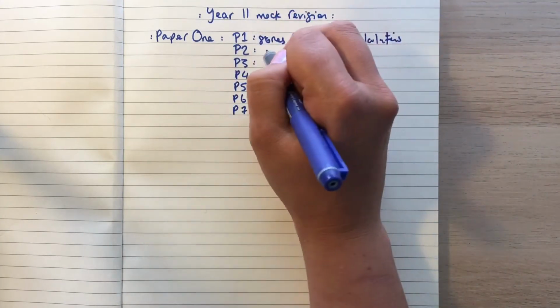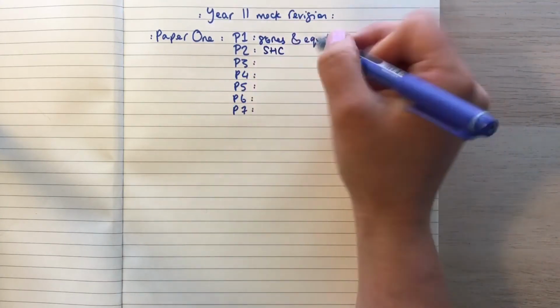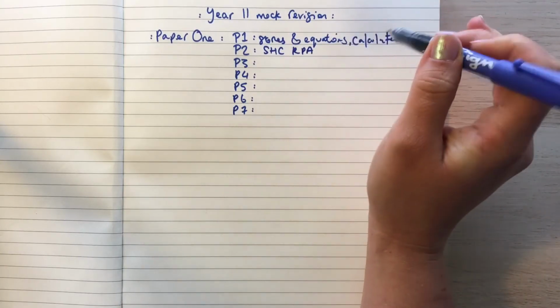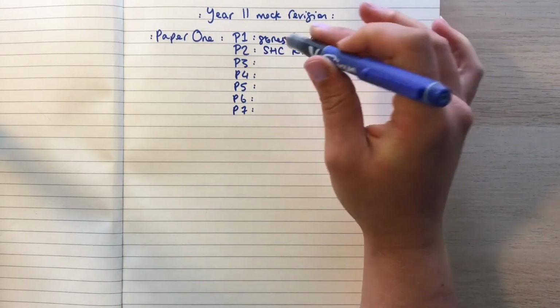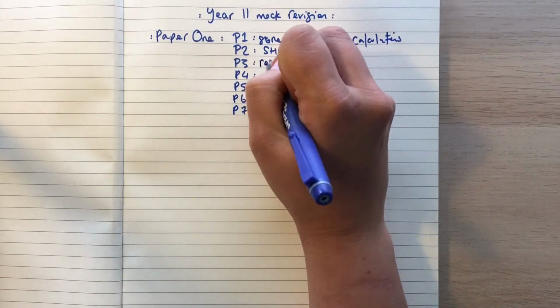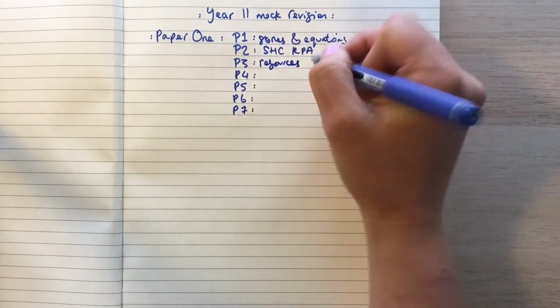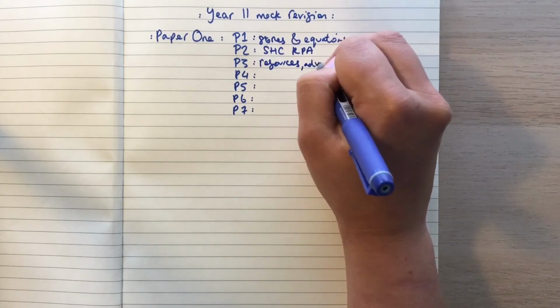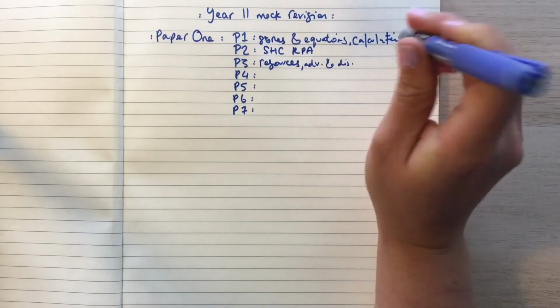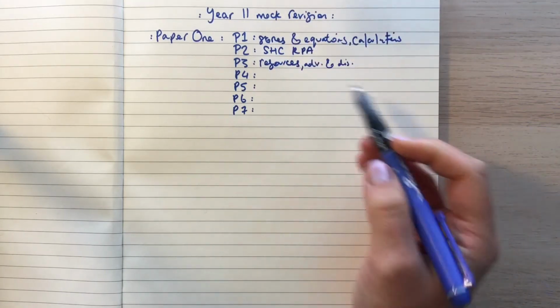P2, the biggest thing is the specific heat capacity required practical. So the SHC RPA is a big focus for P2. For P3 is the resources, the different energy resources and the advantages and disadvantages. So that could be something that we need to focus on.